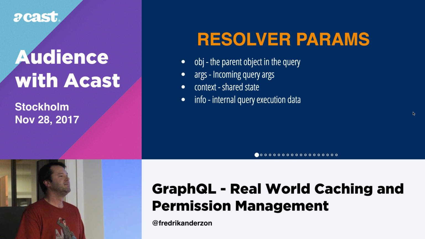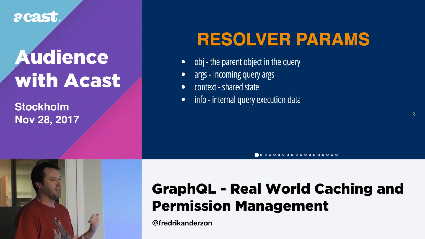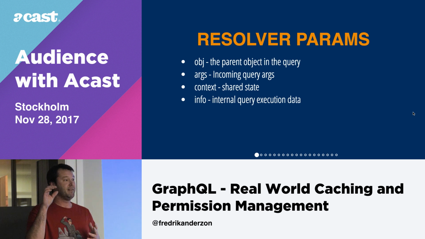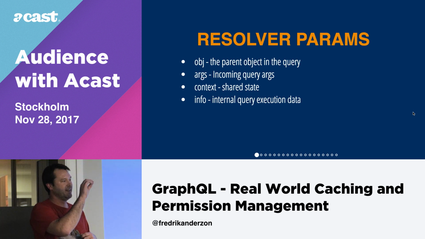Any resolver gets 4 incoming arguments. So the first one is an object. It used to be called root, but now it's usually named object. It's the parent of the thing we're currently resolving. So on the top level, when you go and get posts, it's going to be the root query.